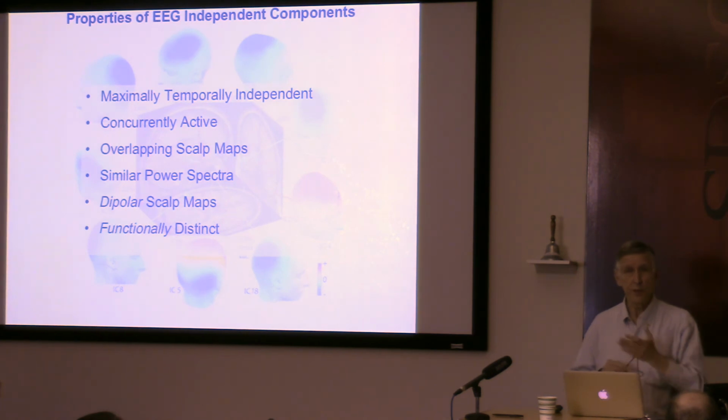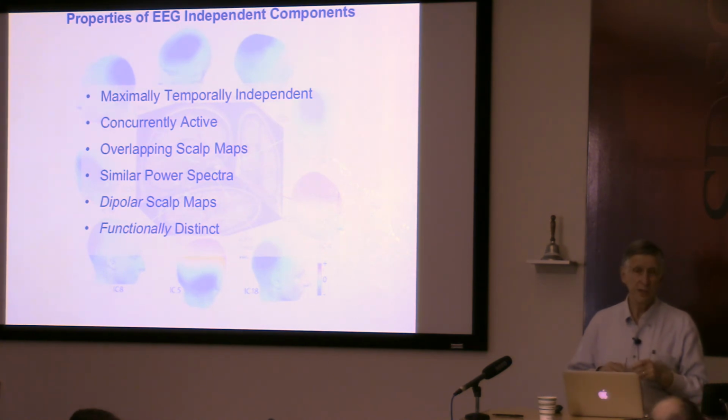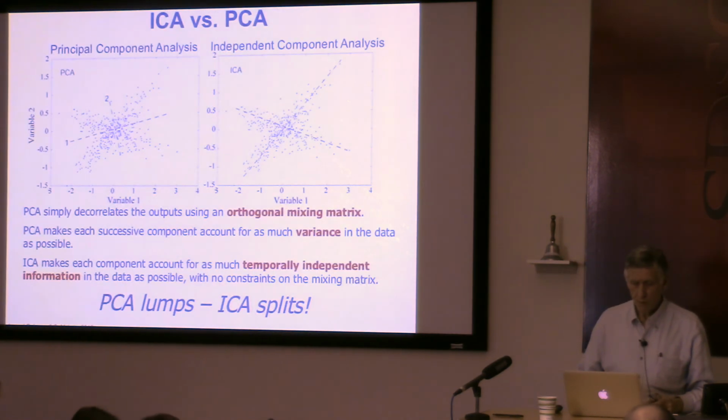So for the first time in the career of the investigator, he found we can characterize single subject differences using the simple EEG test, which was never possible with a scalp channel. Why? Because it mixed together everything.